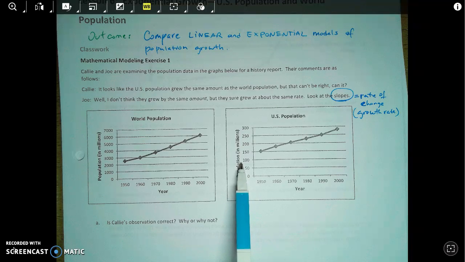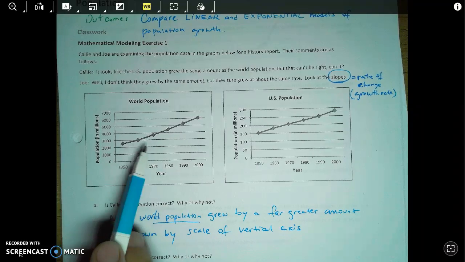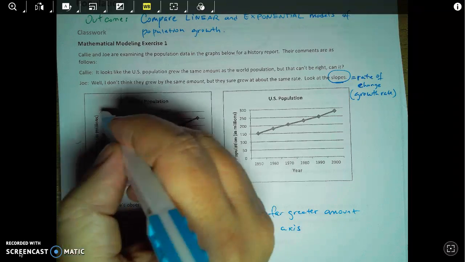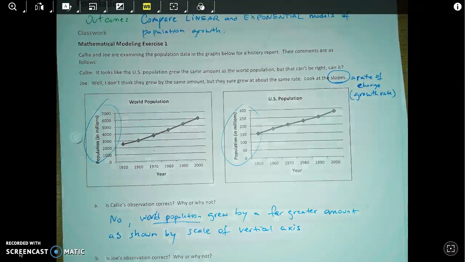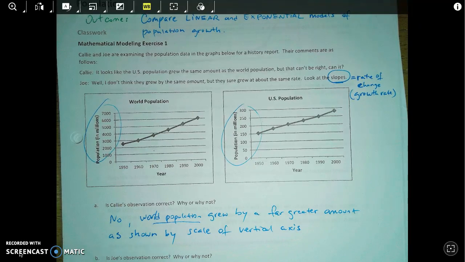From 50 to 100 to 150, it increases by 50. So to answer question A, we can say no, the world population grew by a greater amount as shown by the scale. So Kelly is not right. The world population, which is this graph, grows by a far greater amount, because when we look at the y-axis, this goes by 1,000, whereas the US population grows by 50.